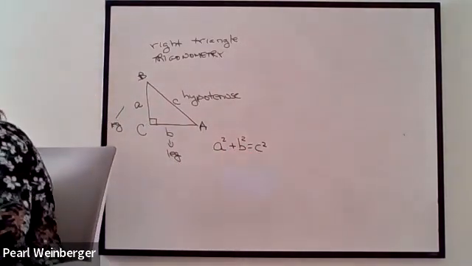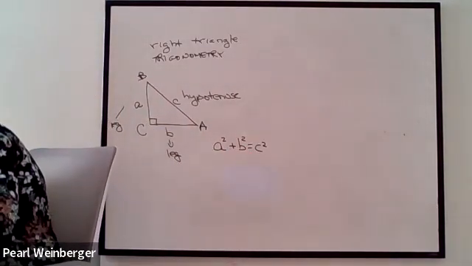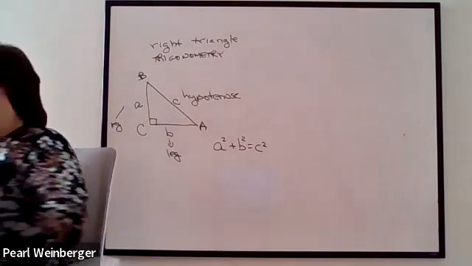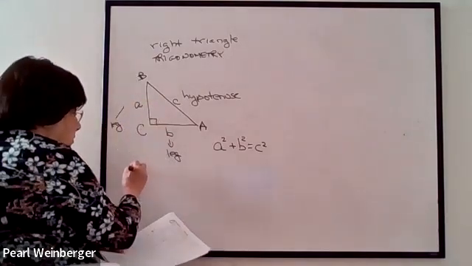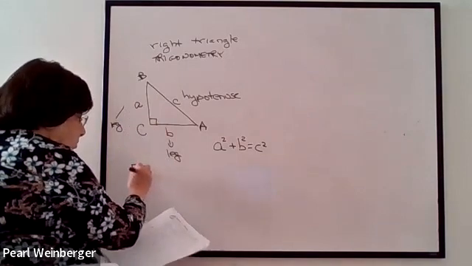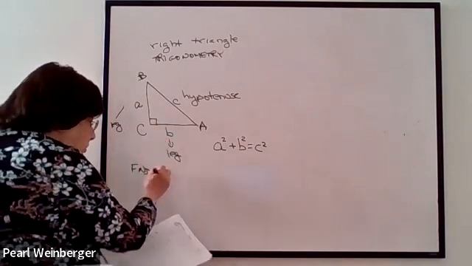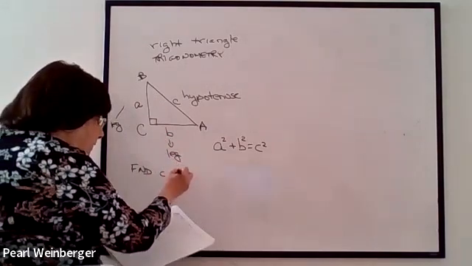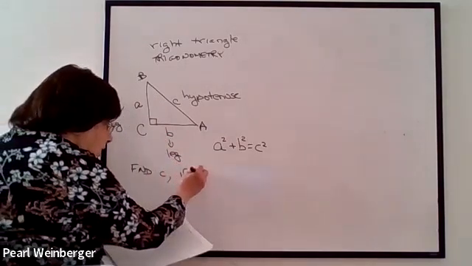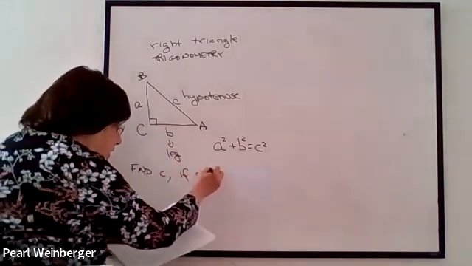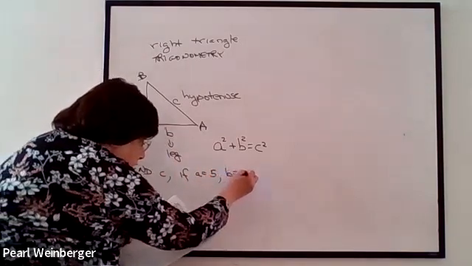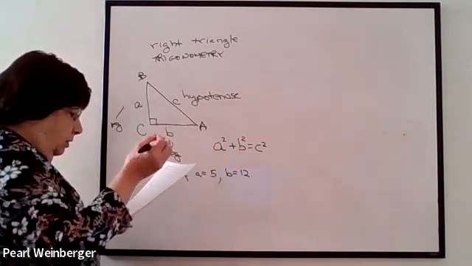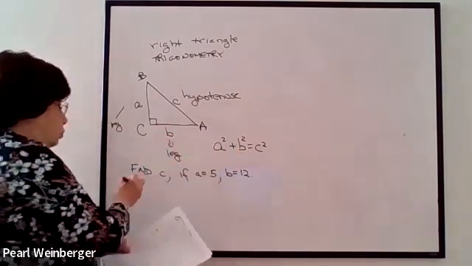So if I have any question that looks like this, where it says, find the hypotenuse if a equals 5 and b equals 12, and I'm going to give this as a multiple choice.